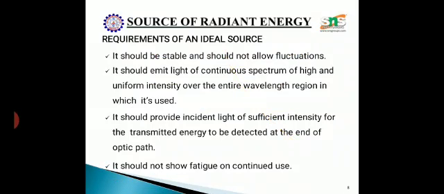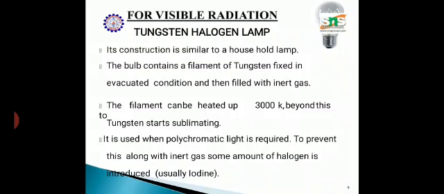So what are the ideal requirements? We should have a non-fluctuating radiation, an ideal source with uniform intensity across wavelengths. So the light source should be at the optimum wavelength. For a source we can use different lamps.